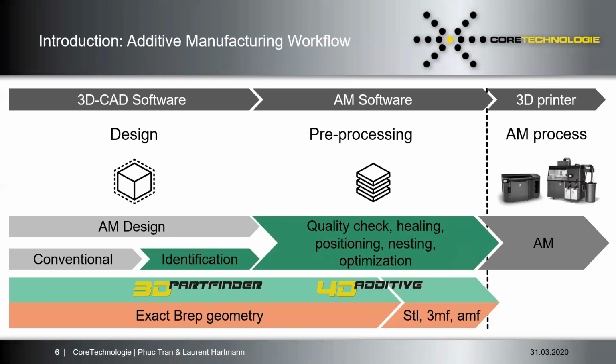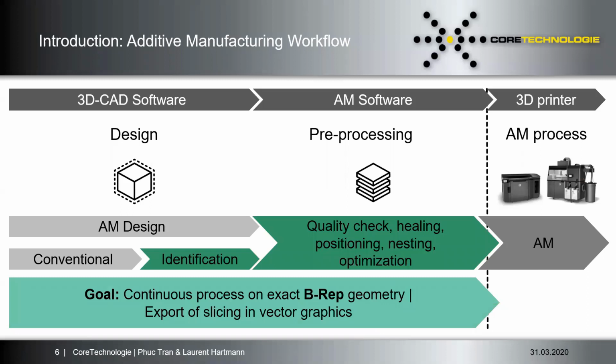In opposite, you can have a quality check on these BREPs and increase the quality after all operations of positionings, of nesting, optimization, everything. You can then export to tessellated geometries as STL, 3MF, AMF, which is readable for all printer or printer software.